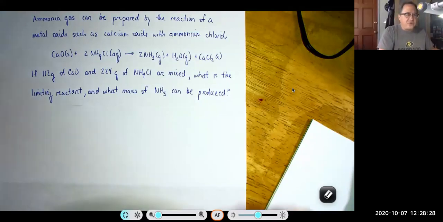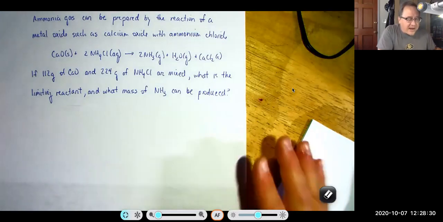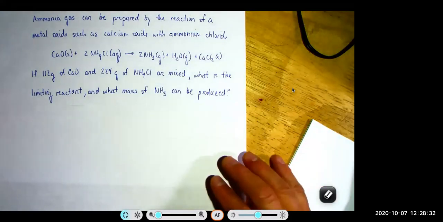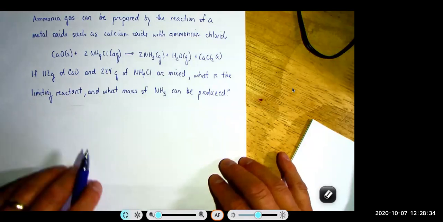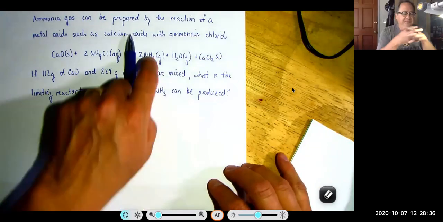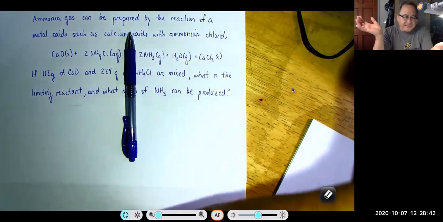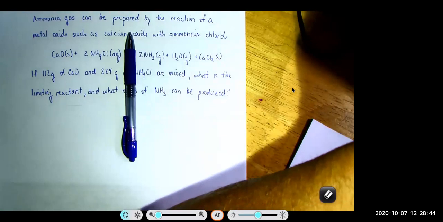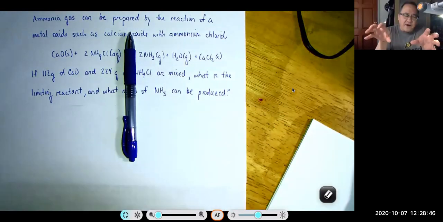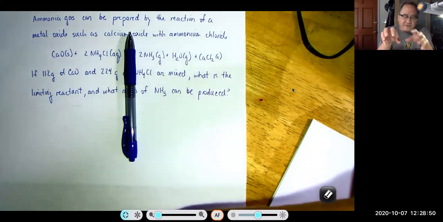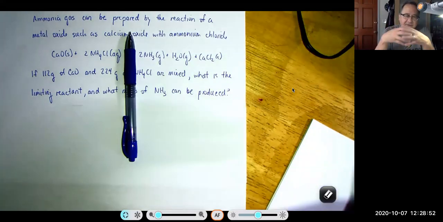So, do you understand the concept of limiting reactants? Let me describe it to you. Have you ever made peanut butter and jelly sandwiches? Have you ever taken a whole loaf of bread, a fresh jar of jelly, a fresh jar of peanut butter, and tried to make sandwiches?